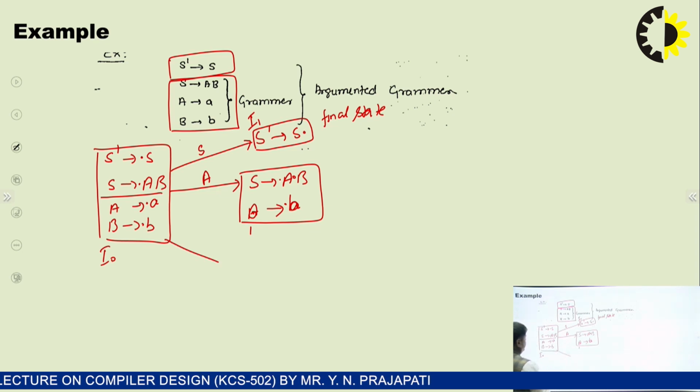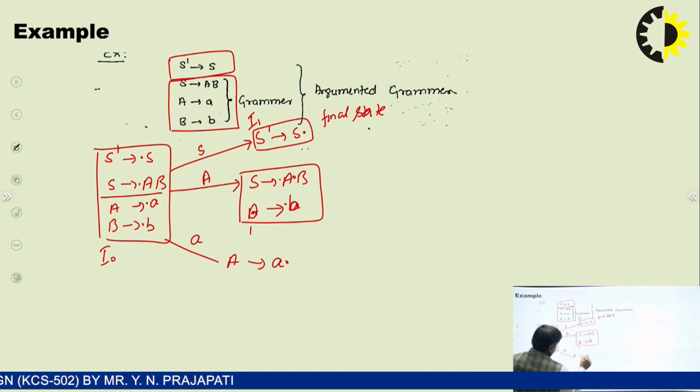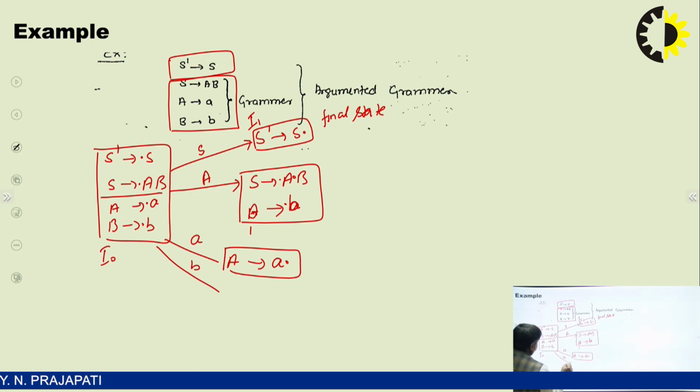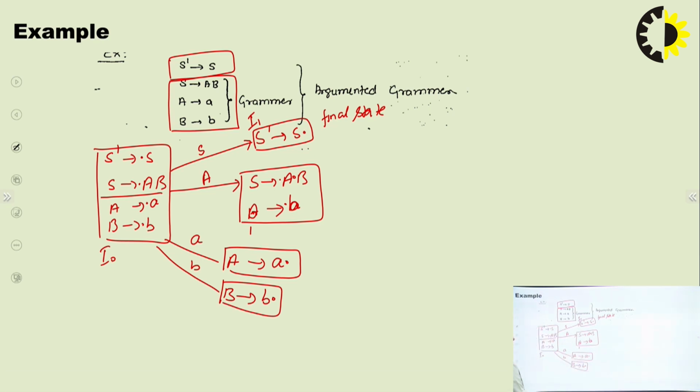And when we open production A, A tends to a dot is a final state, and B tends to b dot is also a final state. This is the method by which we explain the canonical items of the LR0 parsing algorithm.